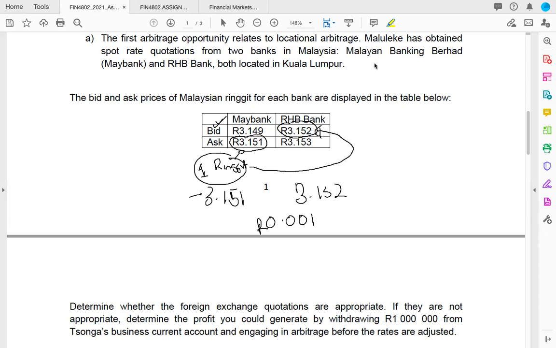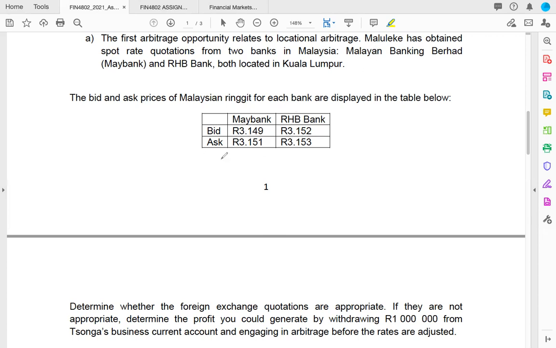Okay, I'll just repeat that. It's simply a matter of going to Maybank and buying a ringgit. Of course, you won't buy just one ringgit, you'll buy more and make larger profits, but I'm just using 1 ringgit as a simple example. You buy 1 ringgit for 3.151. This is the money you spend.